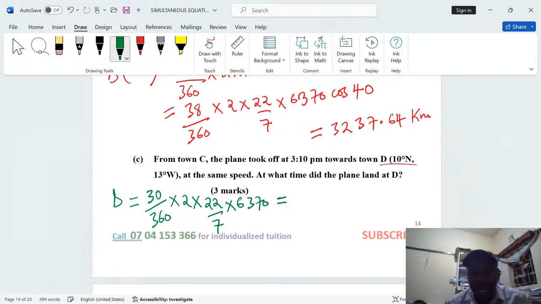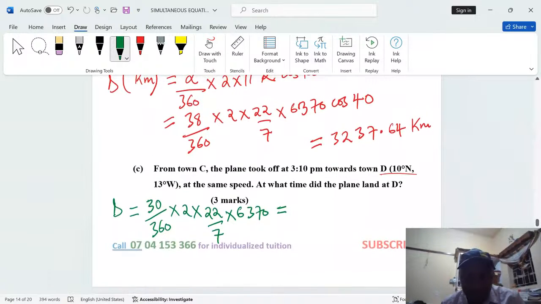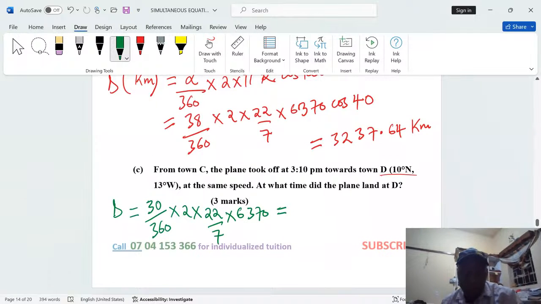That is how we get distance along a great circle. And now with that, the distance is going to be, let me work it out, 30 multiplied by 2 by 22 multiplied by 6370, then we divide by 360 by 7.